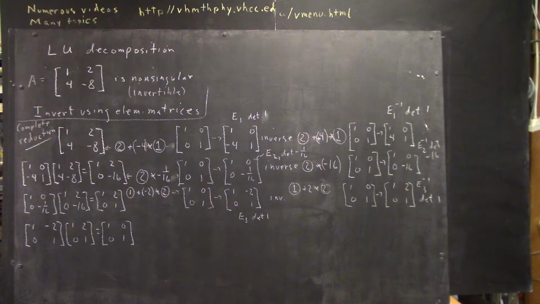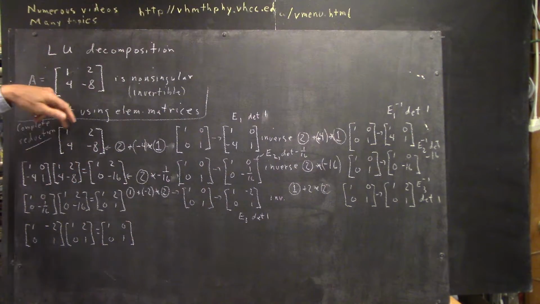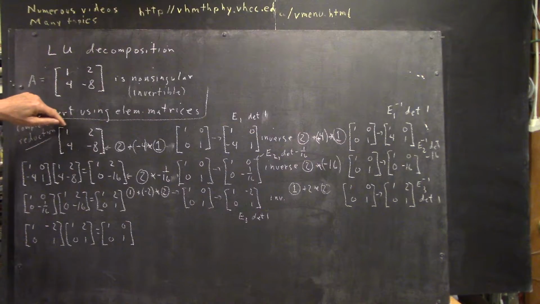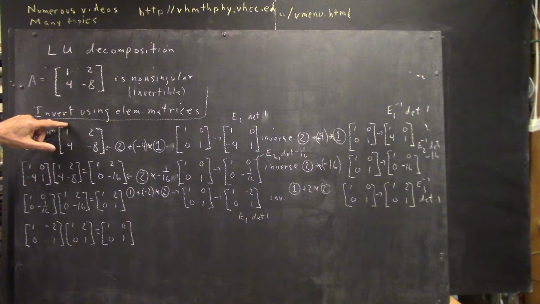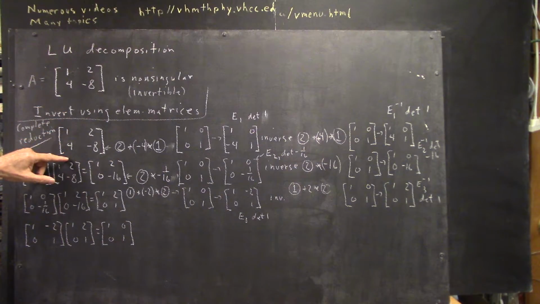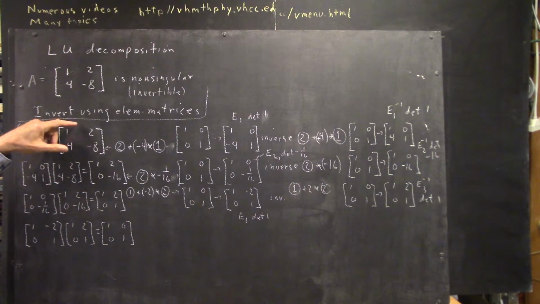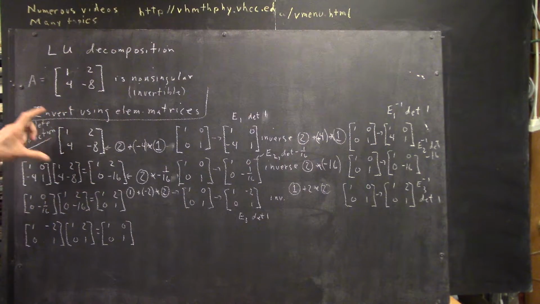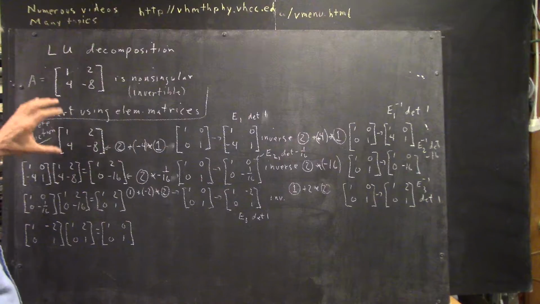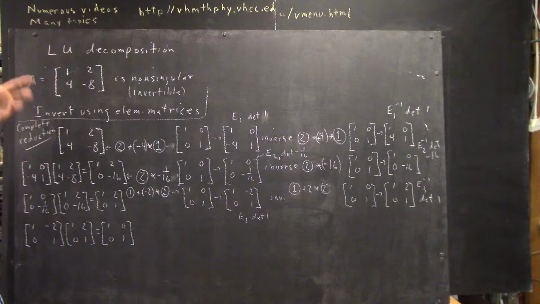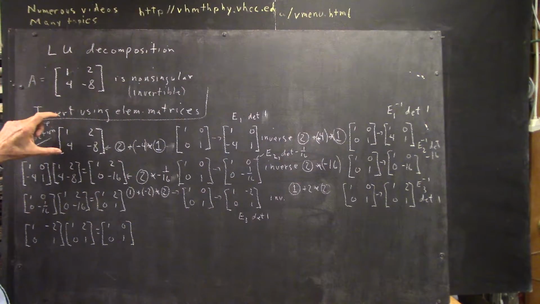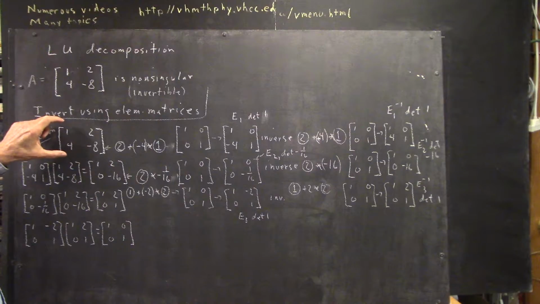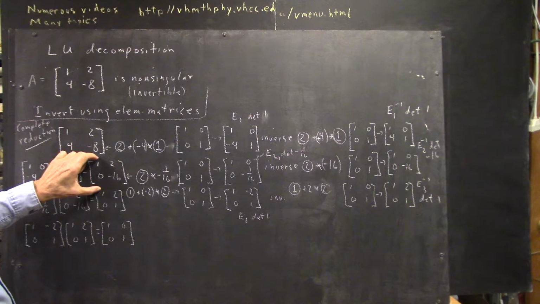Now we look at the rows and we see that adding negative 4 times the first row to the second is going to give us a 0 here. It's very easy to see, of course, if we just look at the matrix, and we've done this very recently in recent videos. We see that this reduces to this.